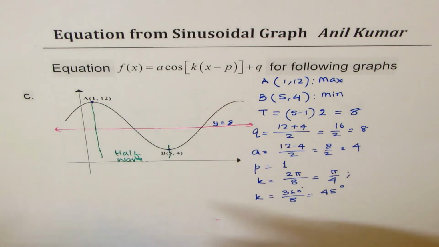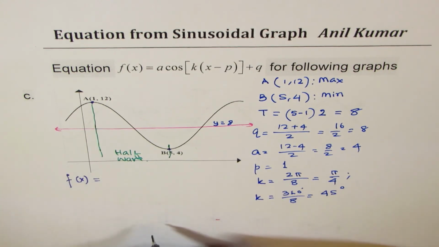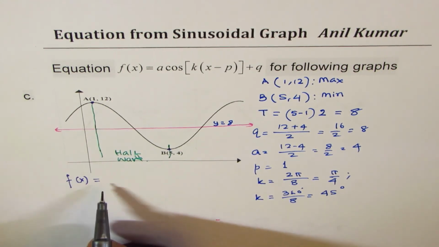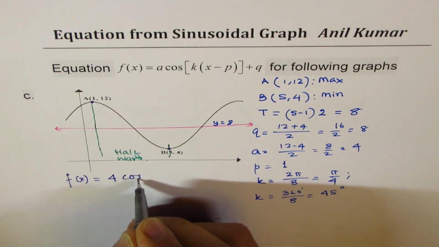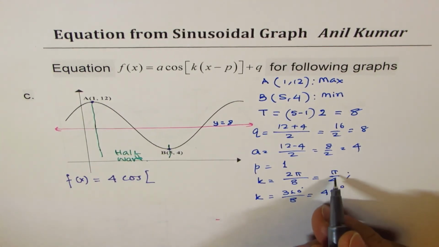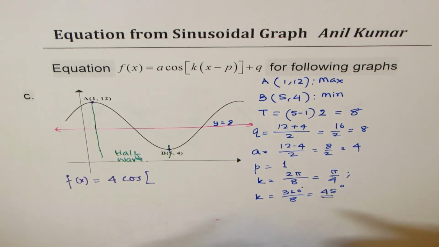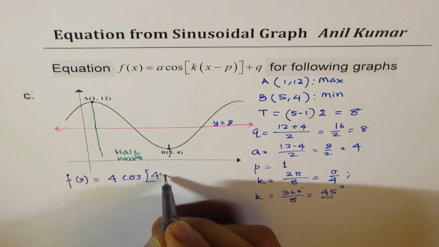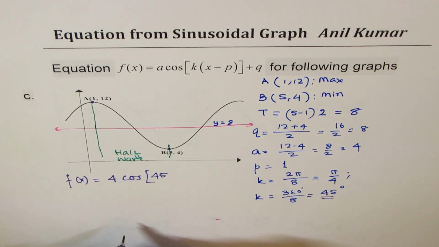So let's write down the function for the given graph, or equation for the given graph. A is 4 for us, cos of, k is pi by 4. Let me write in degrees this time. So I'll write 45 degrees. Okay.